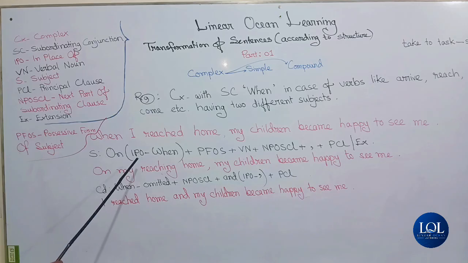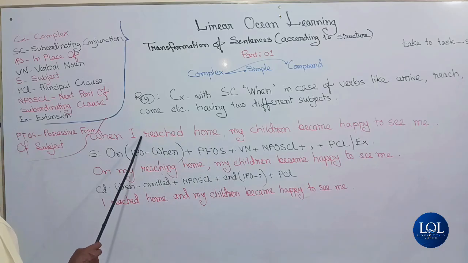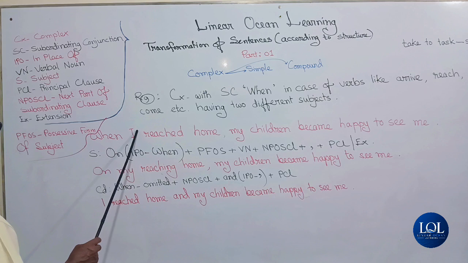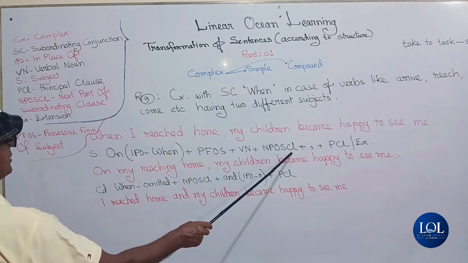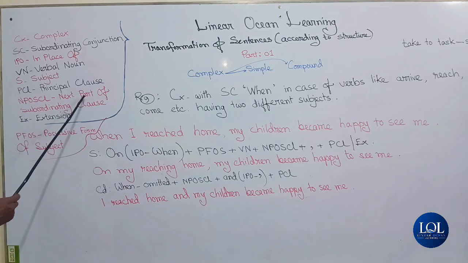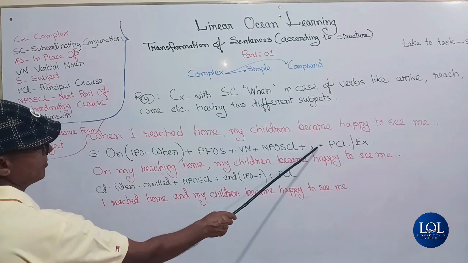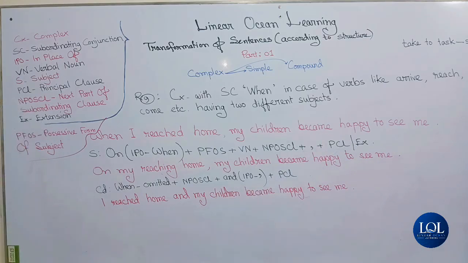That means in place of I, it will be my, then be and verbal noun. Here the verb is reached and its verbal noun is reaching, plus next part of subordinating clause, NPOSCL, plus comma, plus PCL or extension, principal clause or extension.